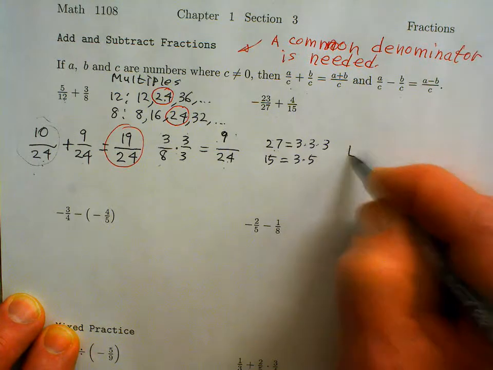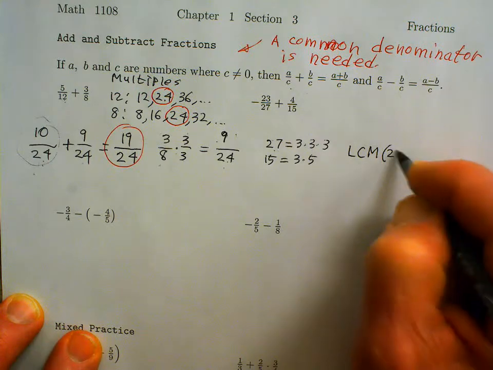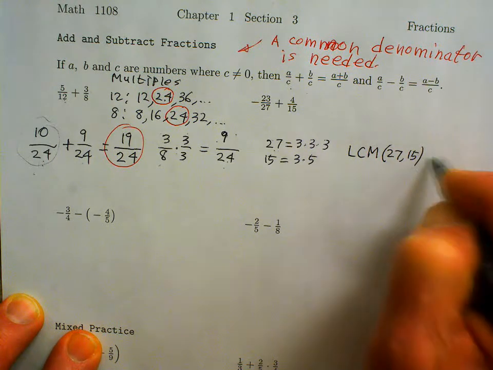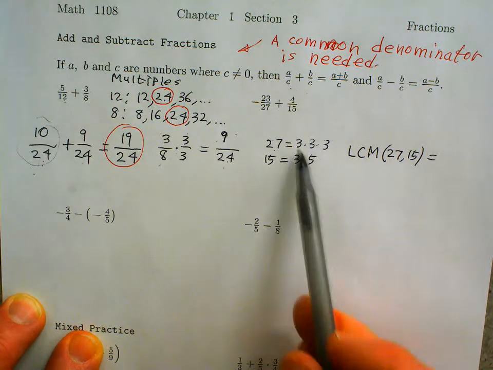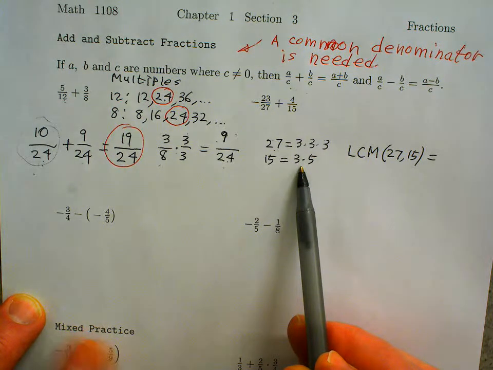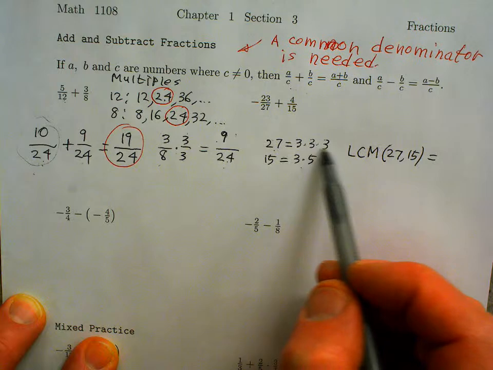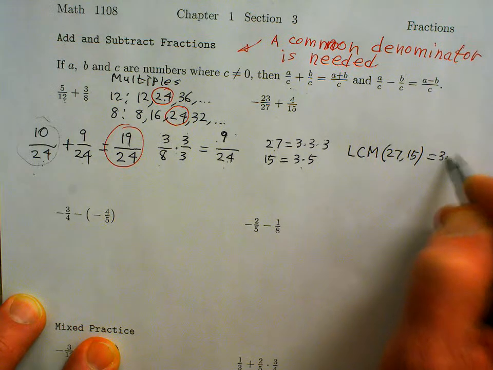And so the least common multiple of 27 and 15 will have all of the factors represented in those two prime factorizations. So the least common multiple has to have 3 factors of 3, 3 times 3 times 3.